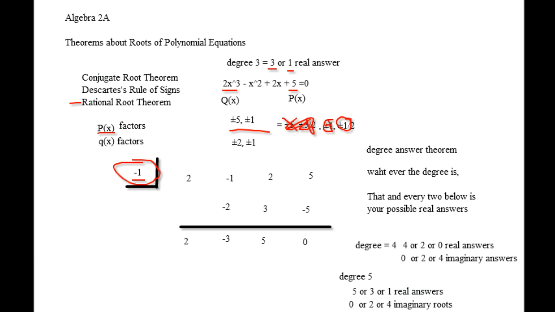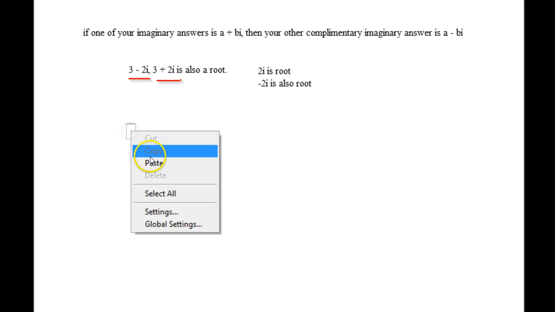Now, Descartes' rule of sign change. I'm going to take this one that we originally did. René Descartes' rule of sign change will tell us how many positive real roots we have. So I'm going to look at the sign of each term.